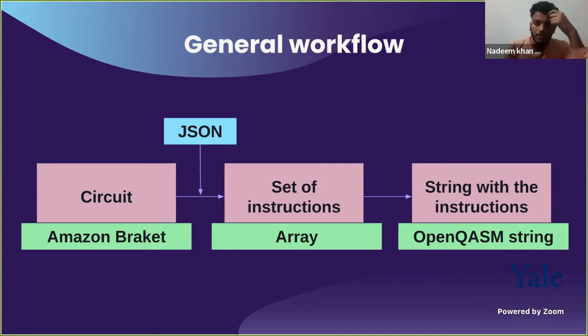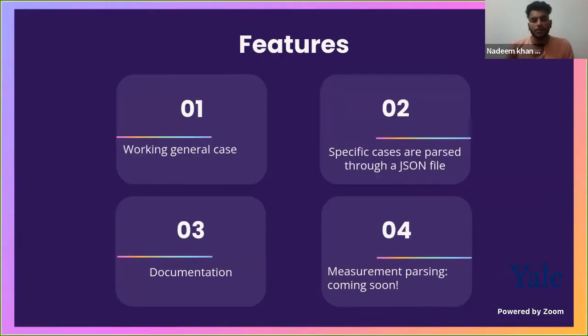Yeah, about that. So we have not yet done measuring the parser. It will be coming soon. We have taken the general case. We have taken the JSON file through the parsing, and here is the documentation. We have well documented all the gates.